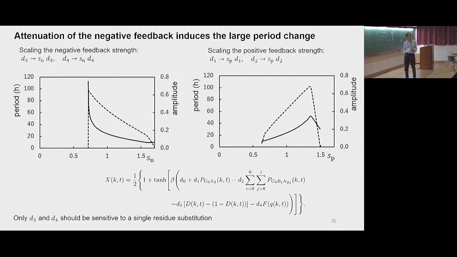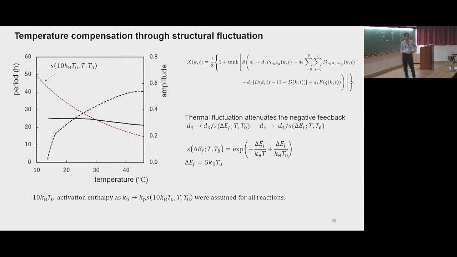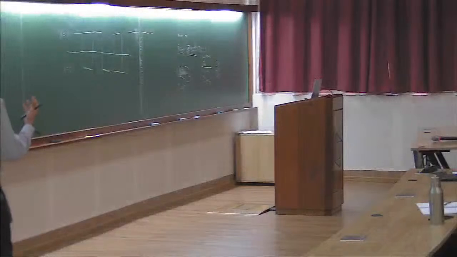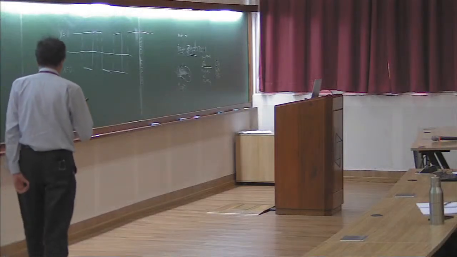So we expect this could explain the experimental observation that a single amino acid residue substitution changes the period drastically, 10 times, through the change in the negative feedback strength. Then we can expect similar things in the thermal fluctuation effects.